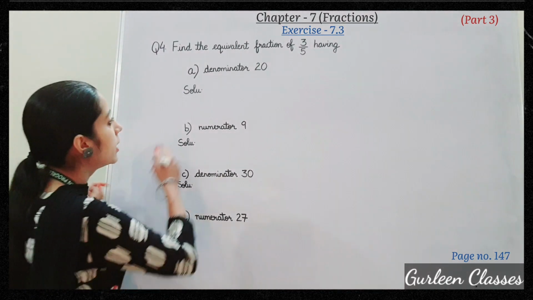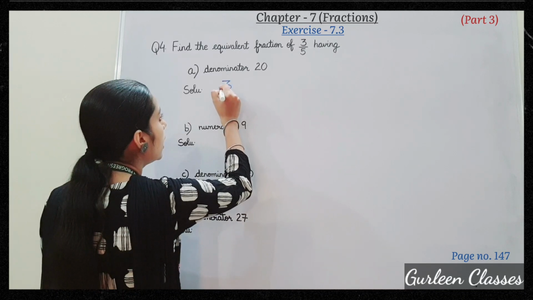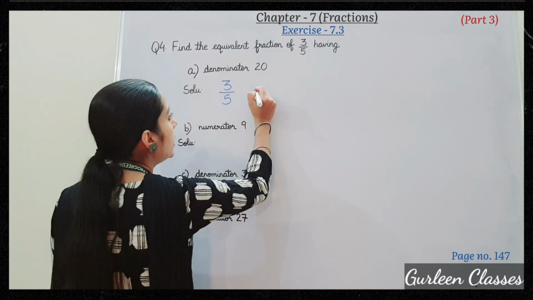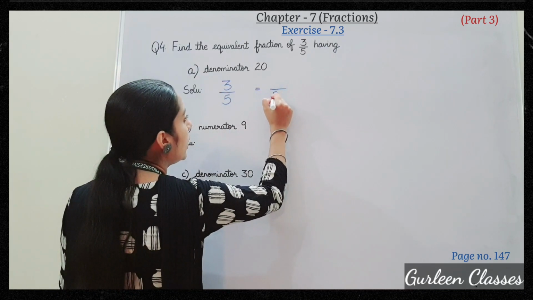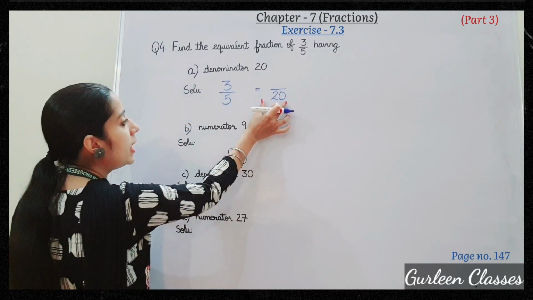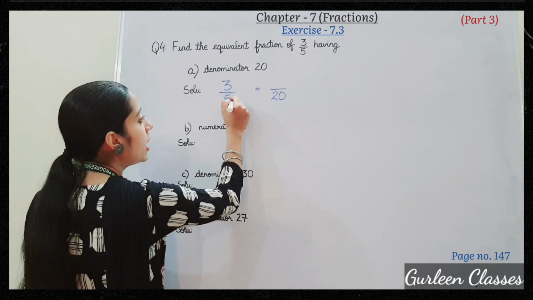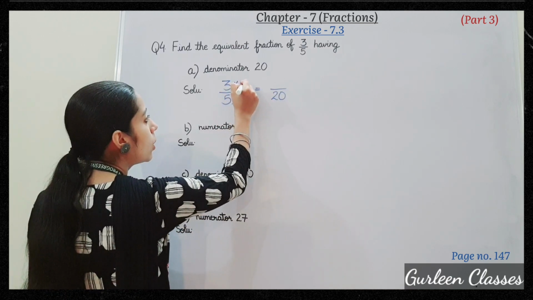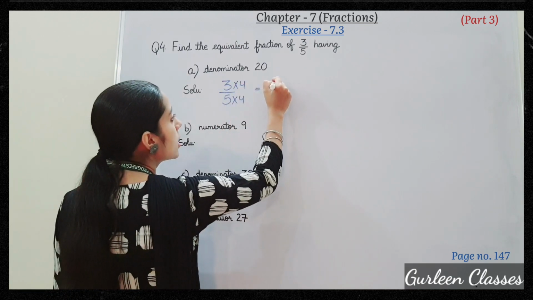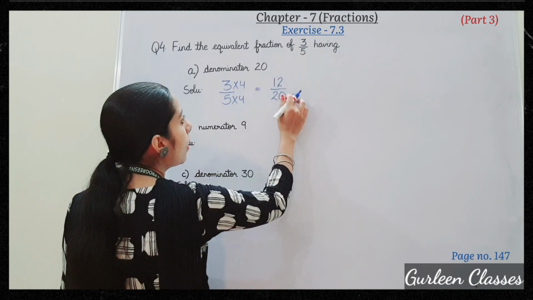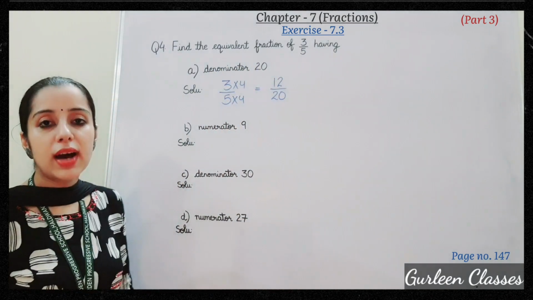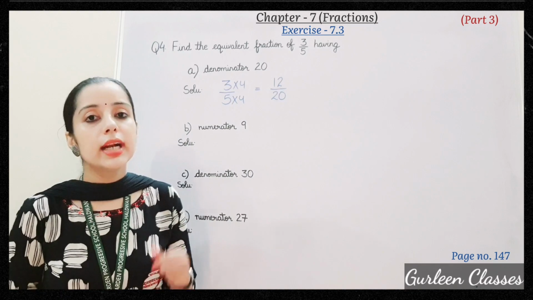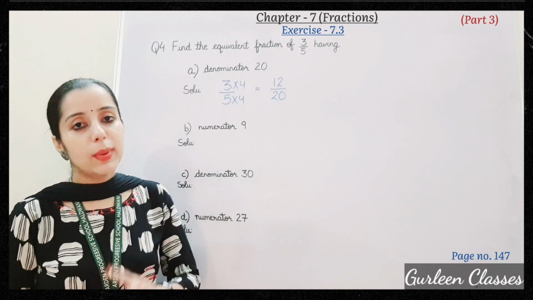So how did 20 come? If we multiply 5 by 4, 5 4s are 20, multiply the numerator also by 4, 3 4s are 12. So the equivalent fraction of 3 upon 5 having denominator 20 is 12 upon 20.